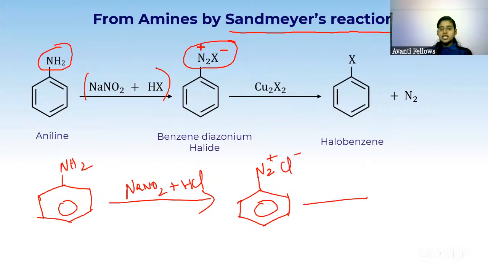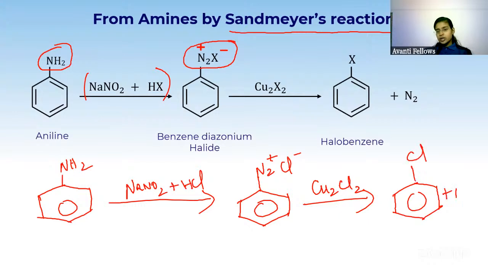And if this benzene diazonium chloride is treated with Cu2Cl2, I will get C6H5Cl plus N2. So chlorobenzene, a haloarene, is formed by the Sandmeyer reaction. Under the preparation of haloarenes, we have only two reactions. One is from hydrocarbons and the second one is from amines.